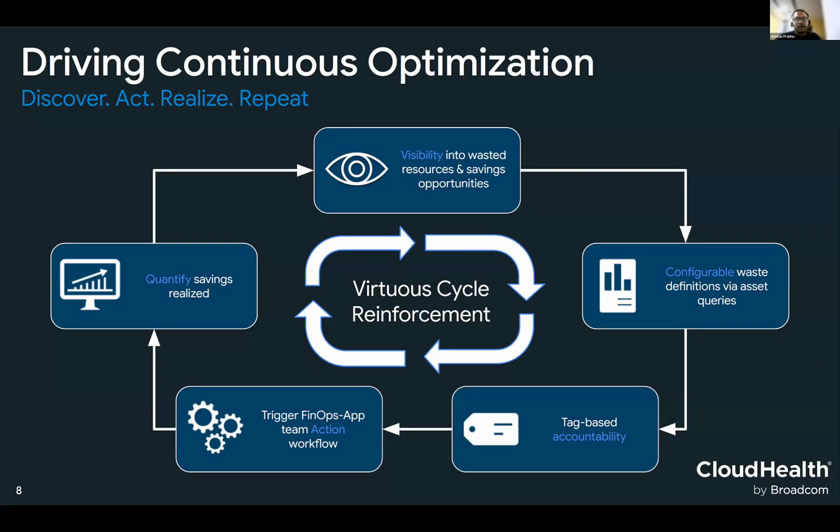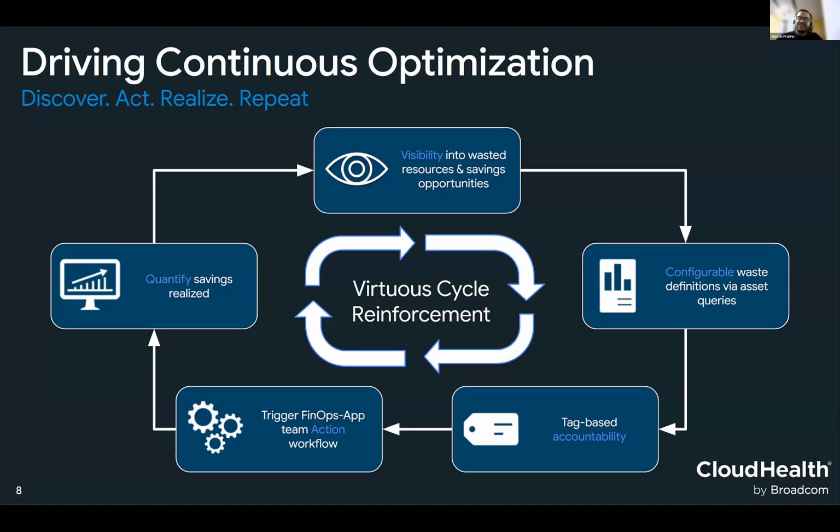If you would like to explore this capability early on, where you can witness this complete loop, starting from visibility till quantification, please reach out to your account teams and we will be happy to introduce you to that capability and get your feedback early on before we go GA.